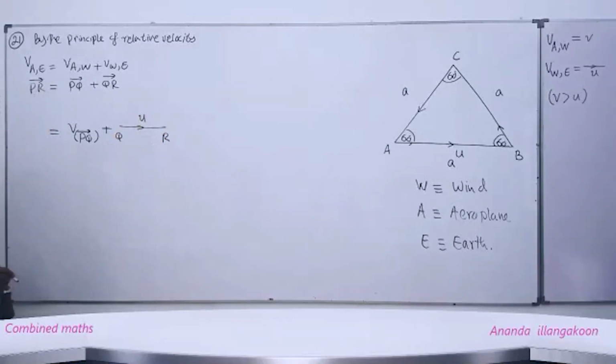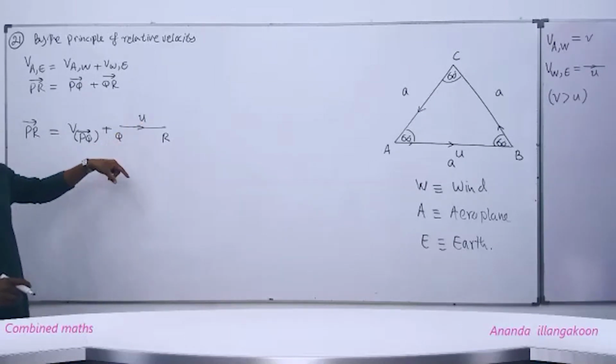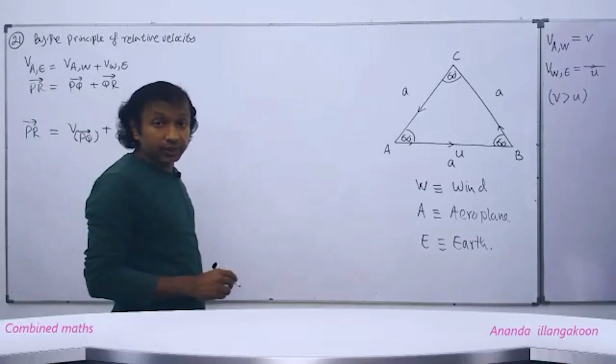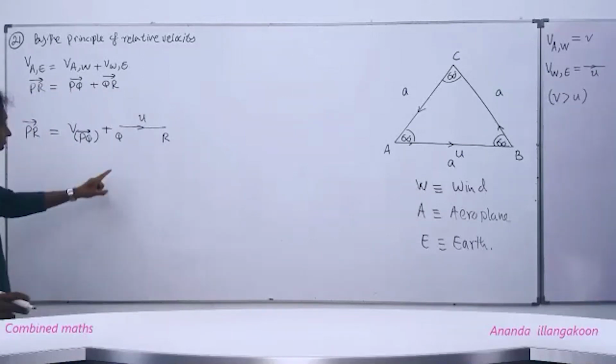Now draw a circle. The same side is vector PR. Common point is Q, people. We are given U is smaller than V. Draw a circle with radius V. You know the center is taken how, people? The common point on the right hand side.